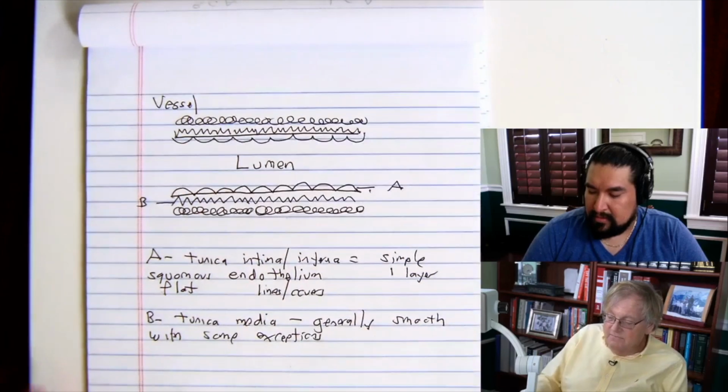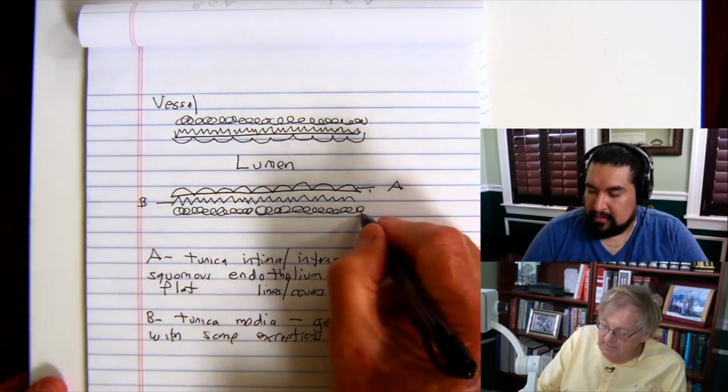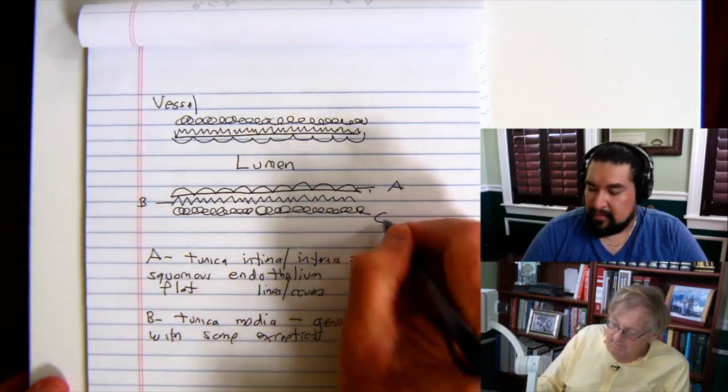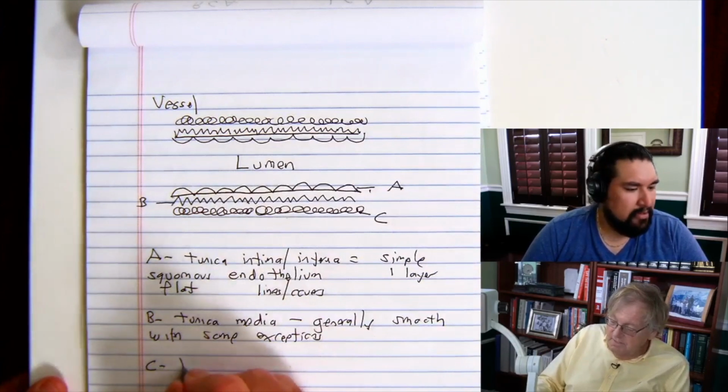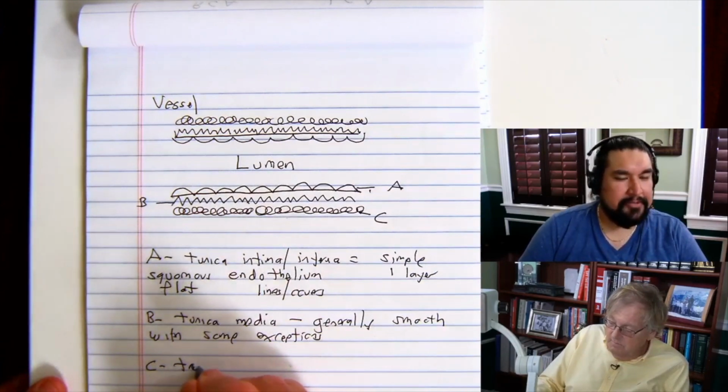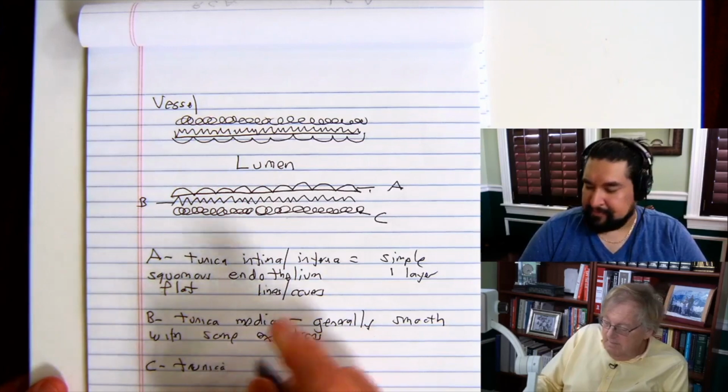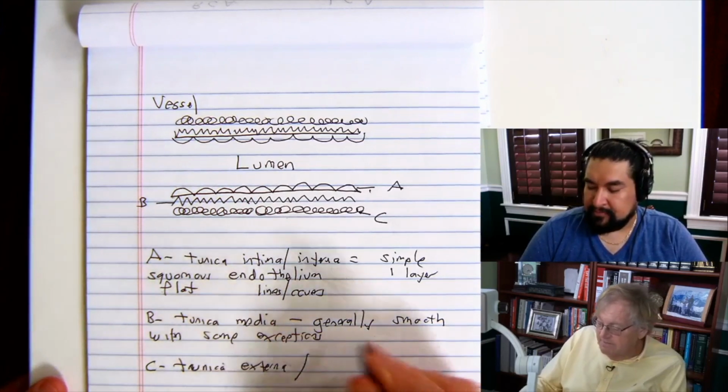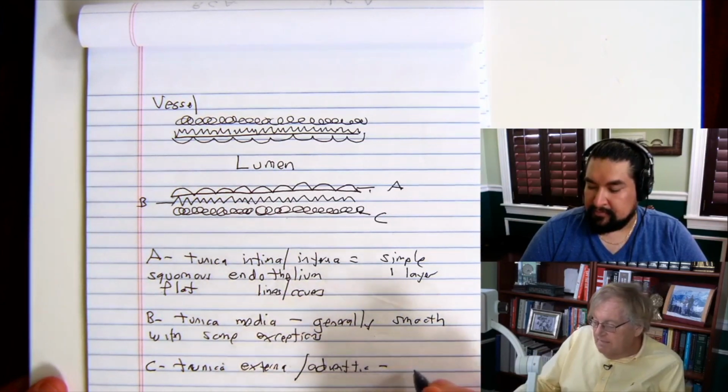And then I've got the third layer, which is here, so this is C, and C is going to be the tunica externa, or adventitia, and that's going to be connective tissue.